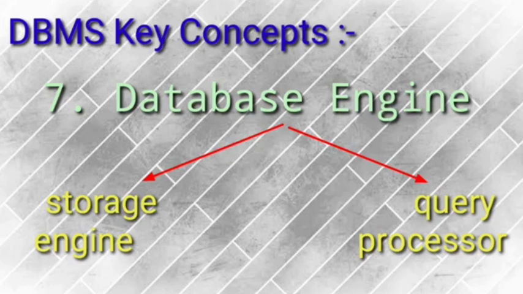The query processor will accept your SQL command when you run any command to retrieve the data. It will execute that and give you the output from the storage engine where your data is written, or you can say saved.